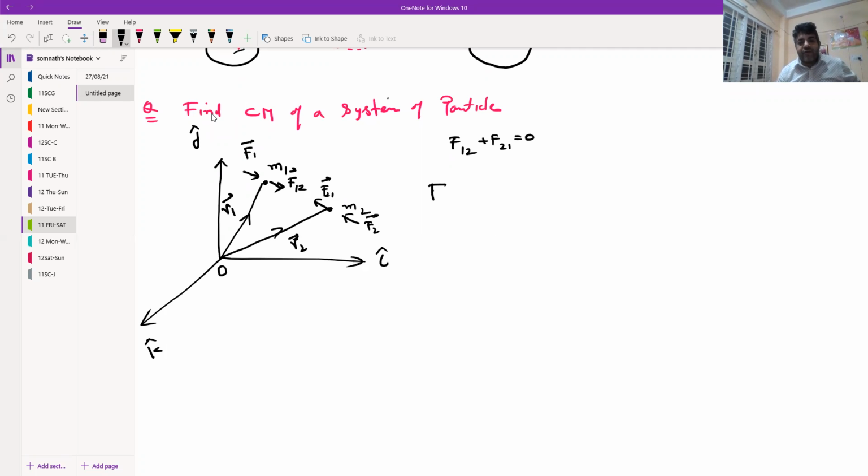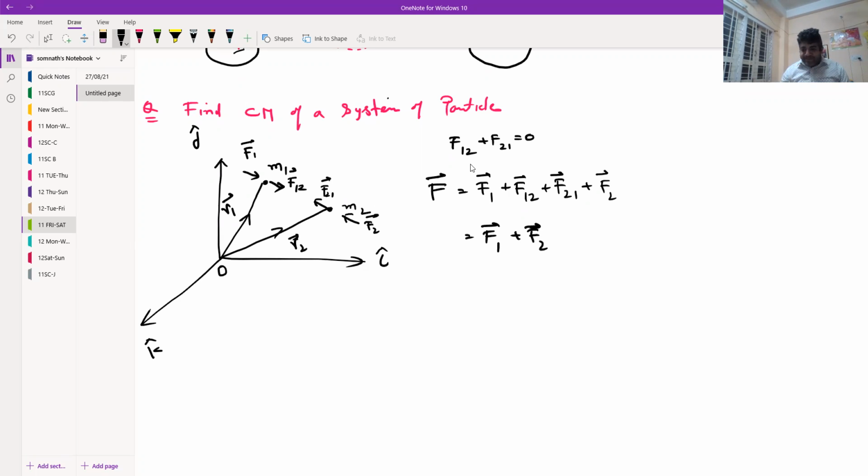So we can say net force is F1 plus F12 plus F21 plus F2. Now out of these 4 forces, these two forces balance each other because the net value is 0. So my net force is F1 plus F2. Everyone, do you satisfy up to this?